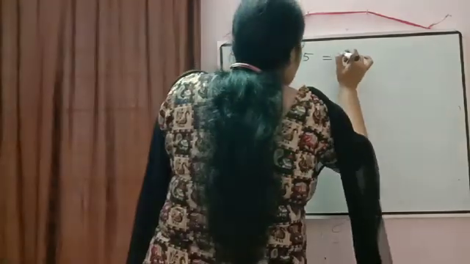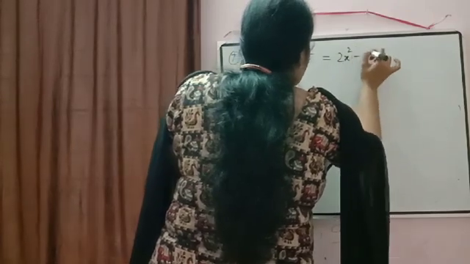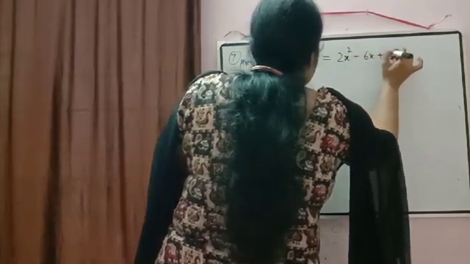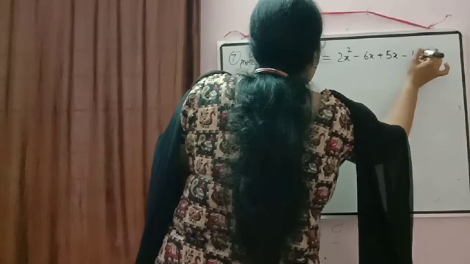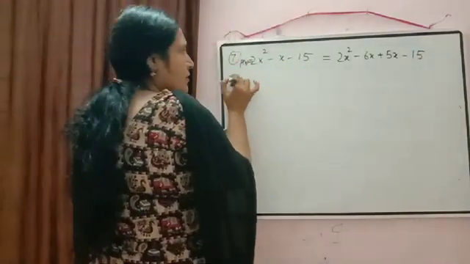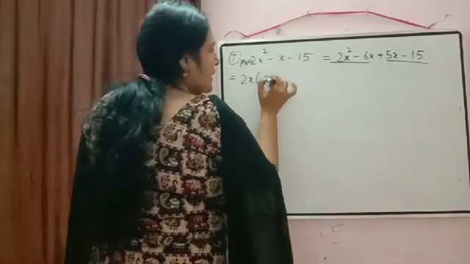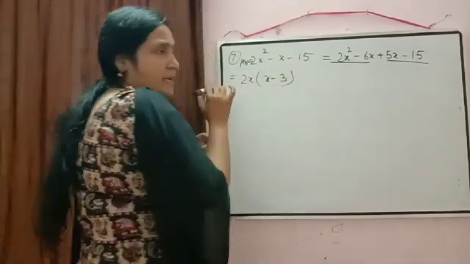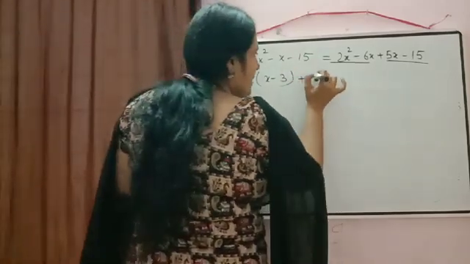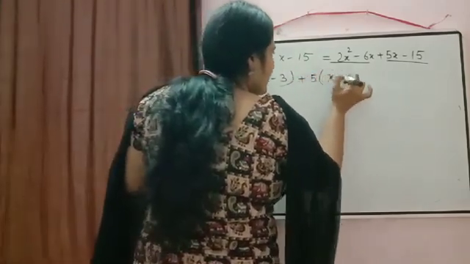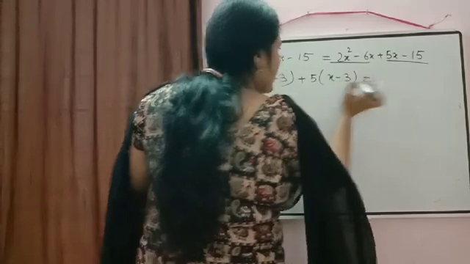So now we will rewrite as 2x square minus 6x plus 5x minus 15. What is the common factor in first two terms? 2x. Take it outside. Inside the bracket what will remain? x minus 3. Common factor in next two is plus 5. Again inside the bracket we will get x minus 3.